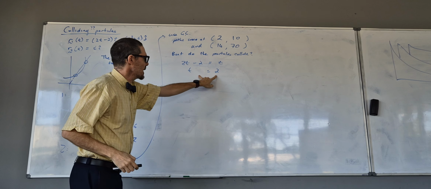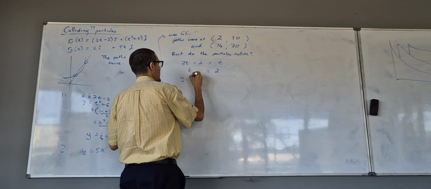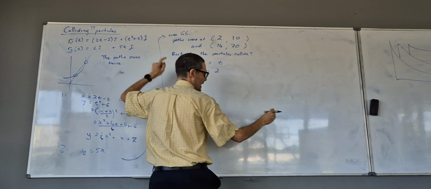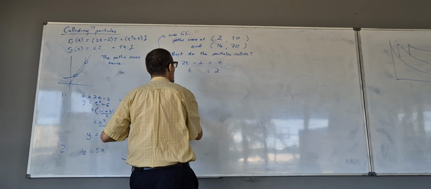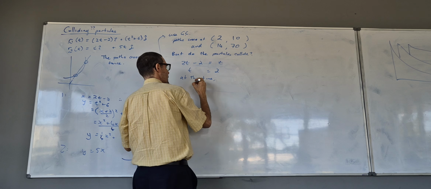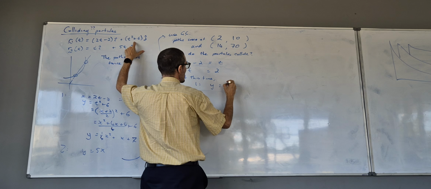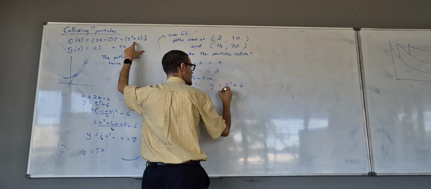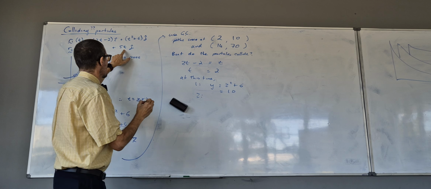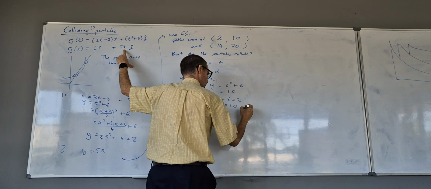But they maybe meet at 2. Let's see what the y coordinates are. y1 at this time: particle 1 has a y coordinate equal to 2 squared plus 6. 4 and 6 is 10. And particle 2 has a y coordinate 5 times 2, which is 10.